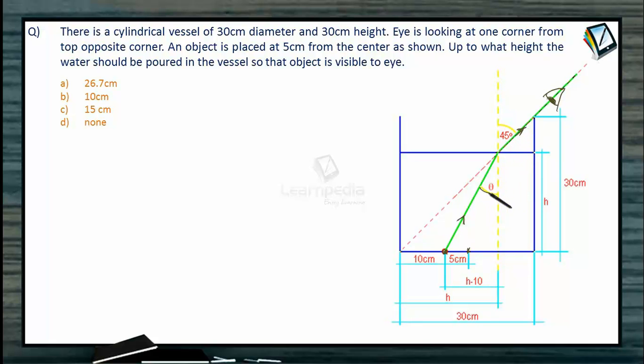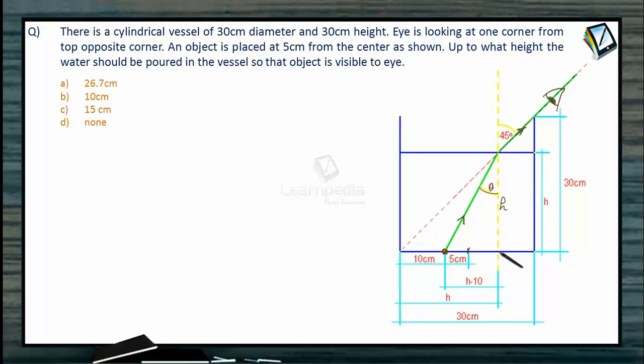So let us assume that theta is our angle of incidence when this light ray is in water. Now the rest of the geometry we can understand: here this line is at an angle 45 degree. Okay, this height of water we have assumed to be h. So this height must be h. This and this are the same.